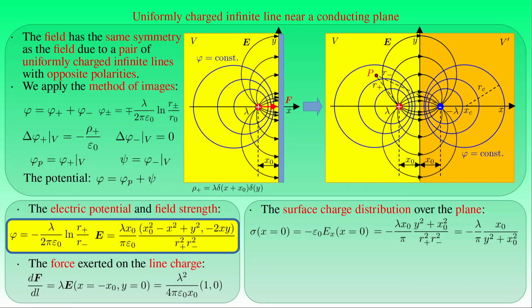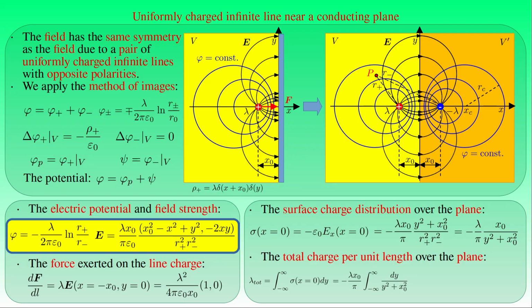The total charge per unit length on the plane, denoted by lambda with the subscript tot, can be obtained if we integrate the surface charge density at x equals 0 from minus infinity to infinity with respect to the y-coordinate. If we substitute the expression obtained for sigma into the integral, we will have minus lambda times x0 over pi times the integral of 1 over y squared plus x0 squared with respect to y.